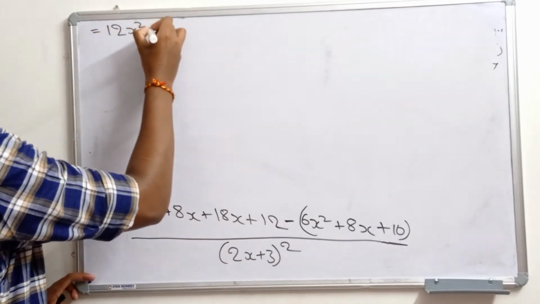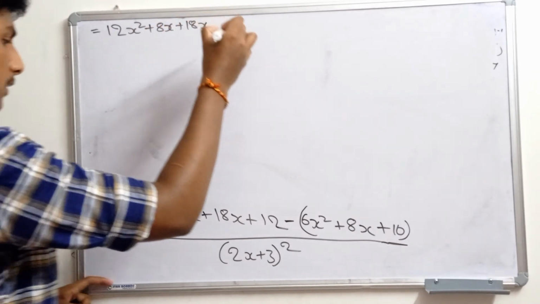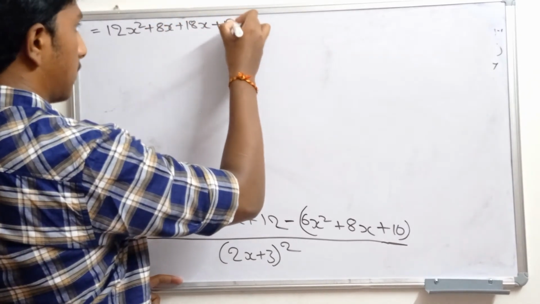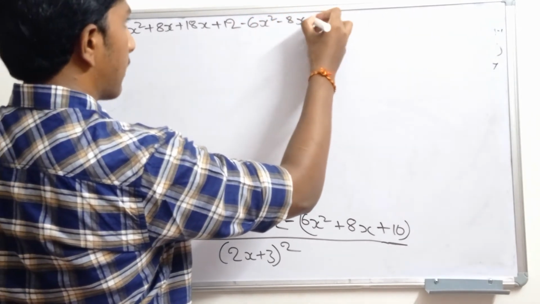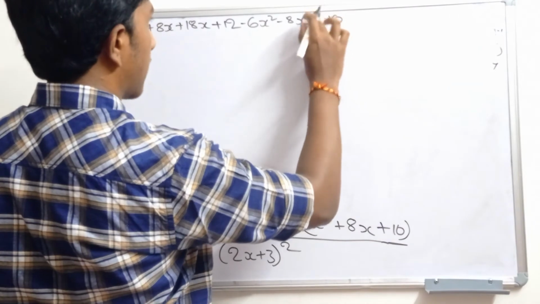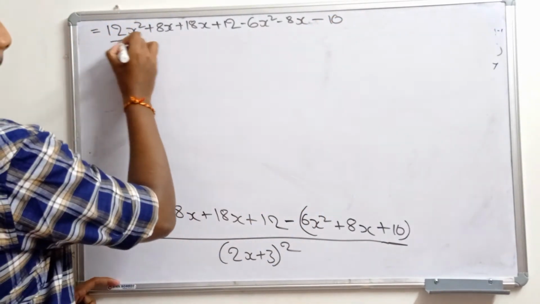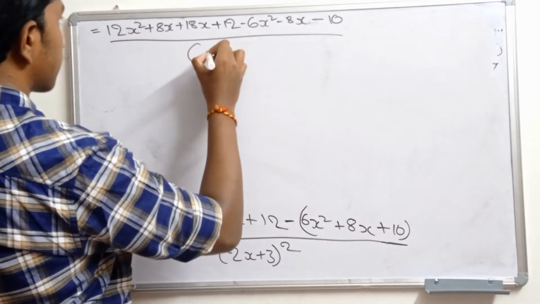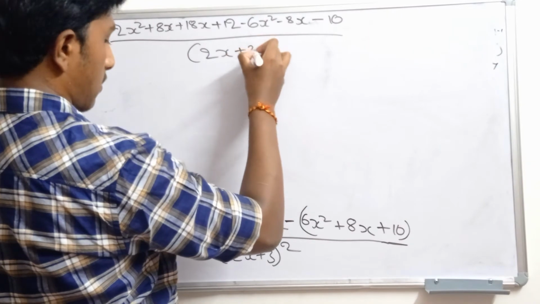12x square plus 8x plus 18x plus 12 minus 6x square minus 8x plus 10, minus 10 by 2x plus 3 whole square.